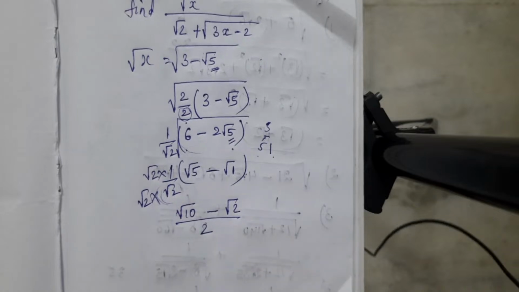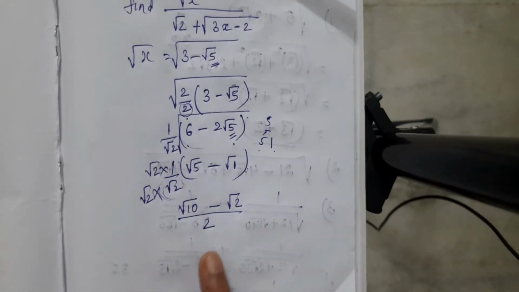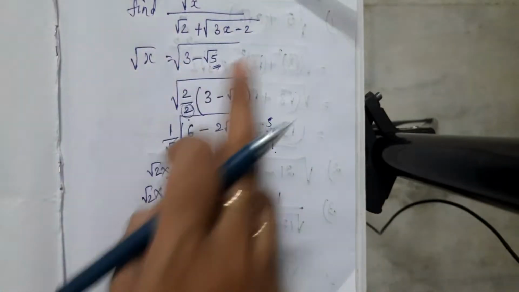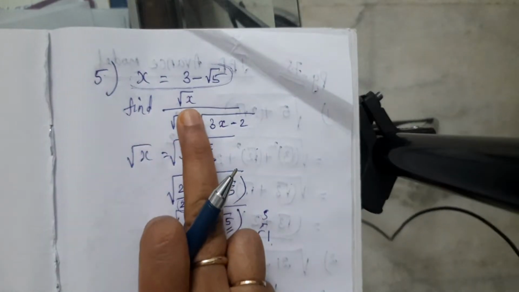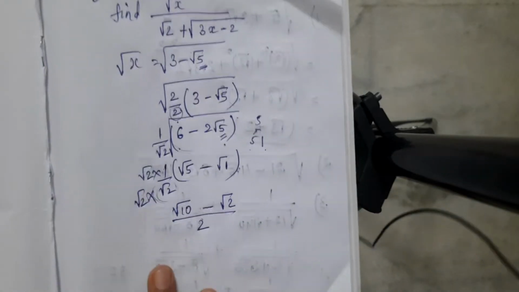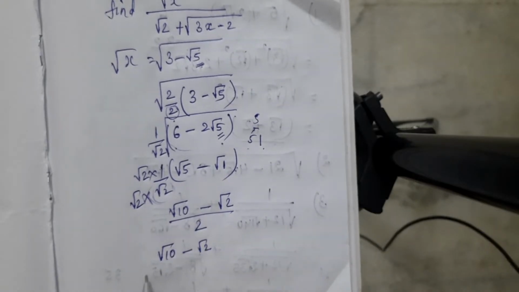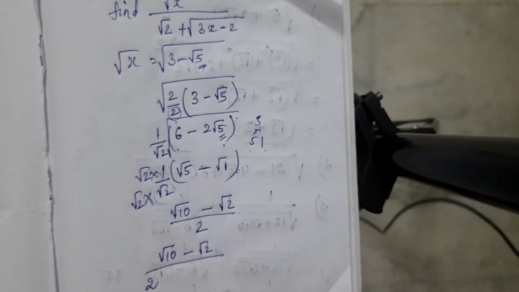Overall divided by 2. This we got as the value of root x. Now you need to replace it here. The question was root x. So we got root x as root 10 minus root 2 whole divided by 2.